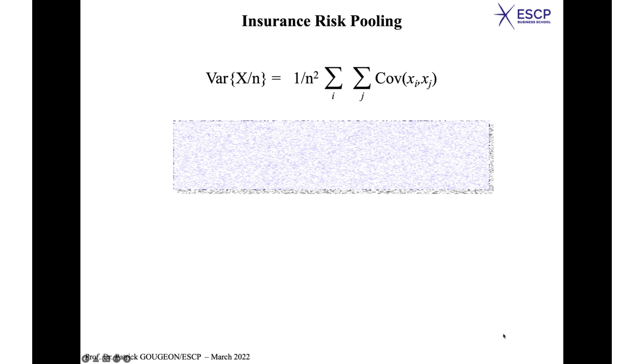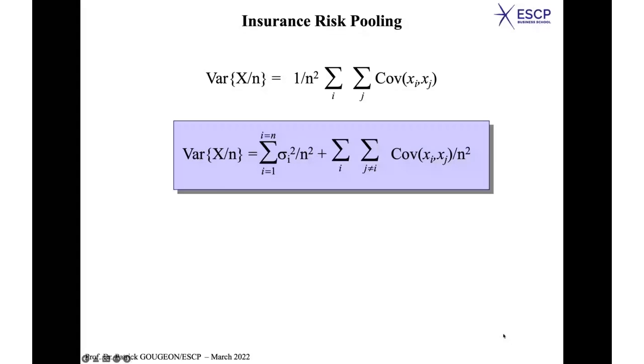What I've done here is not too difficult. I have detached part of the double sum. I have detached all the cases when i and j were different. Okay, and the first block is when you have twice i, and therefore in this case the covariance of Xi with itself is obviously the variance of Xi.